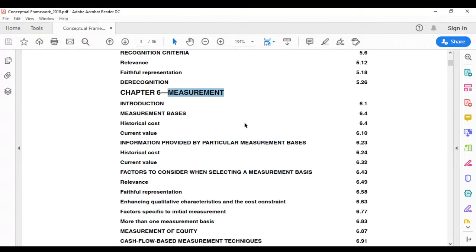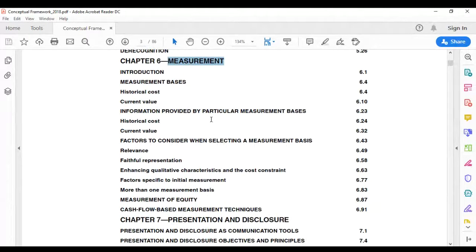So we'll see here there are certain measurement bases, but then there are further measurement bases, let's say in IAS 16, but that only refers to property, plant, and equipment. So here we will see there's the historical cost and the current value basis and so forth. So there are quite a number of aspects that we are going to be talking around measurement.